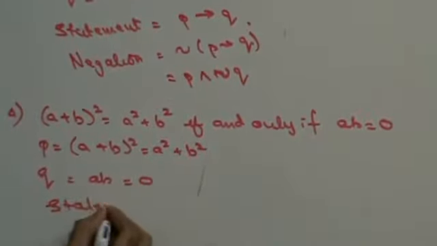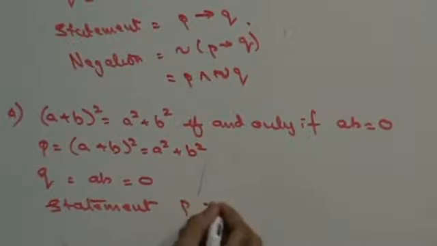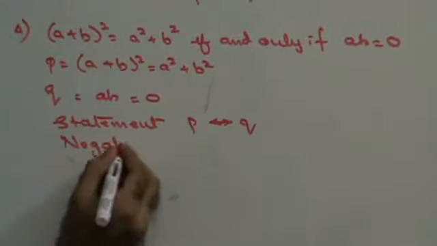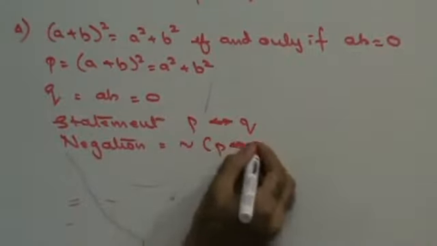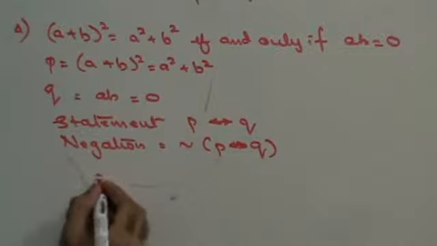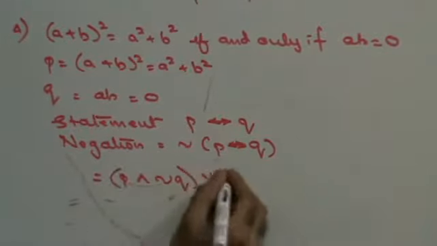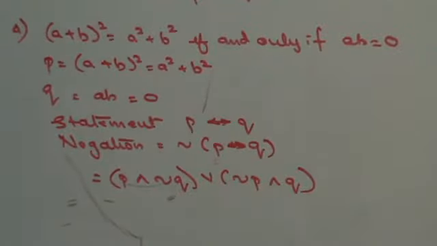The statement given to you is P biconditional Q. I want the negation of this. Negation is not of P biconditional Q. Not will be P and not Q, or not P and Q. That's the negation of biconditional.